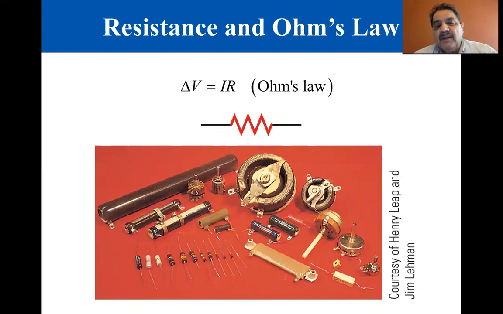You can see the ones that are little circles with dials on them. Those are variable resistors. As you turn them, it adds more wire, which adds more resistance. You can also see there's some in the center left. Those have sliders too. We'll see some of those in some experiments that we perform.